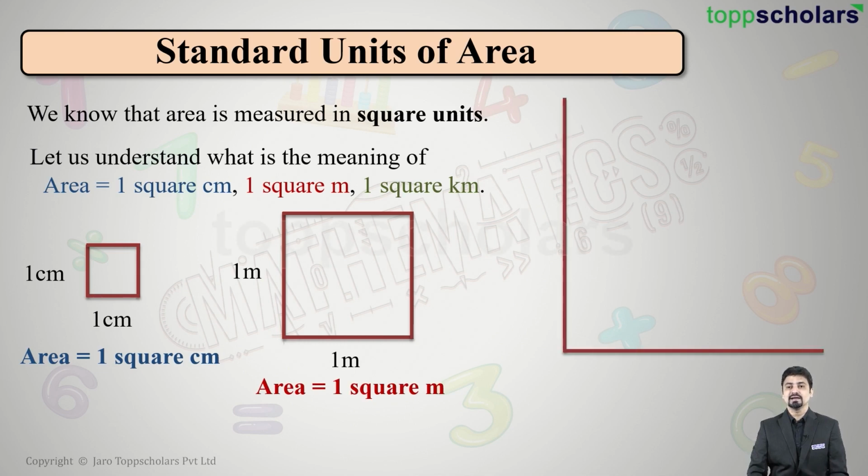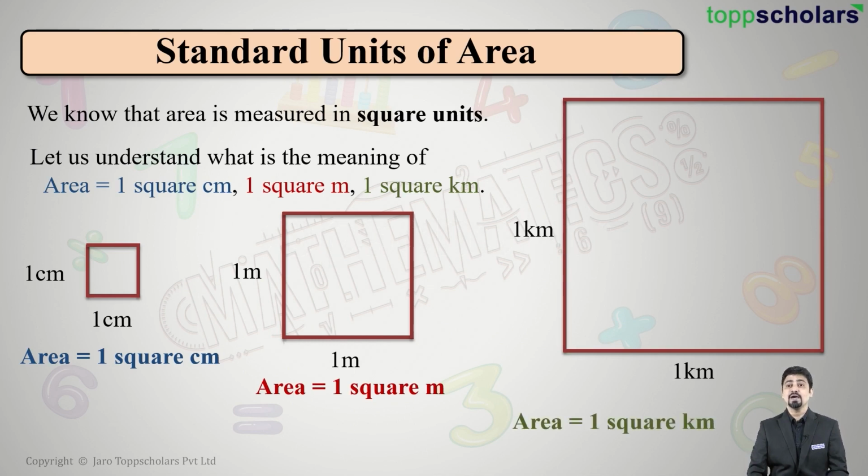Similarly, let us take a square having each side equal to 1 kilometer. Then the area of this square will be equal to 1 square kilometer. So this is how we understand what are the standard units of area. We can have the area in 1 square centimeter, 1 square meter, or even 1 square kilometer.